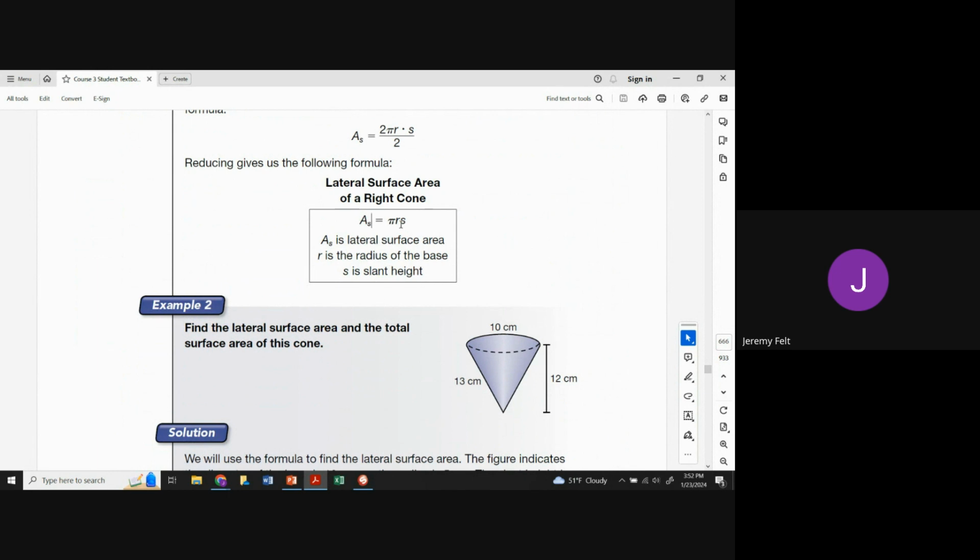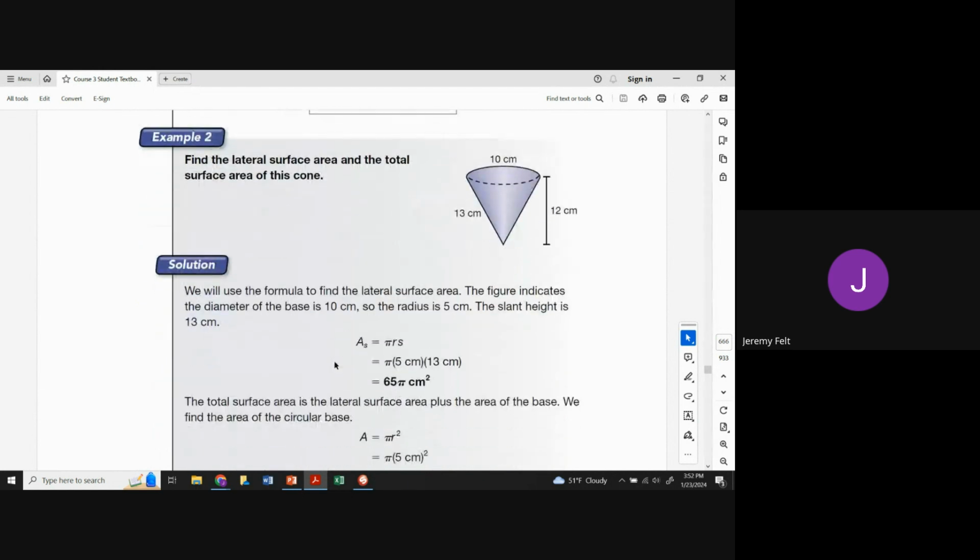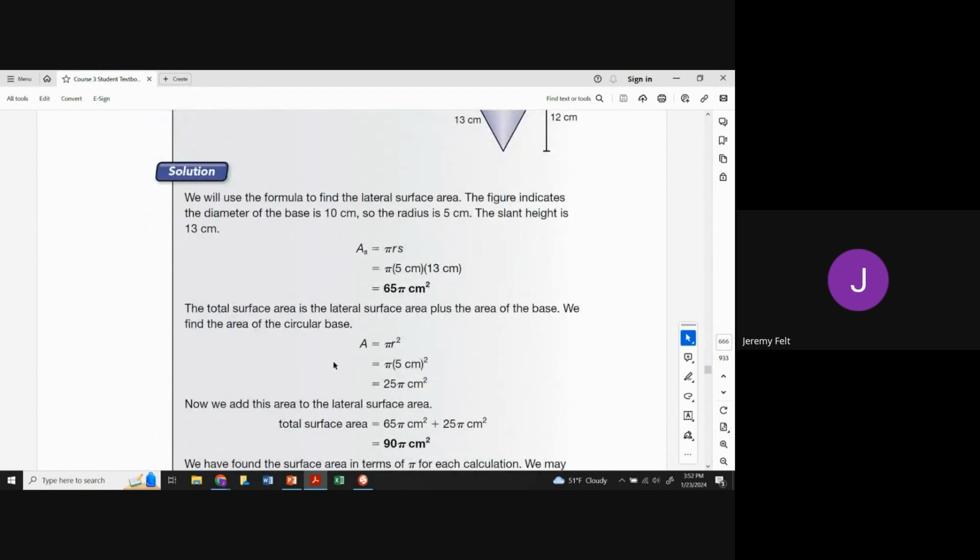So pi times 5 times the slant height. We weren't told, but we used 3.14 times 5 times 13. They're leaving it in terms of pi.